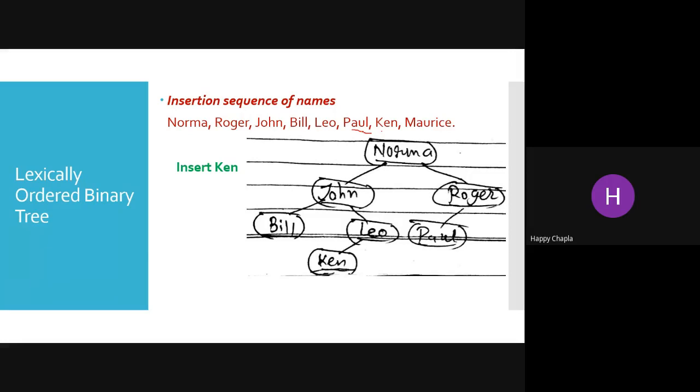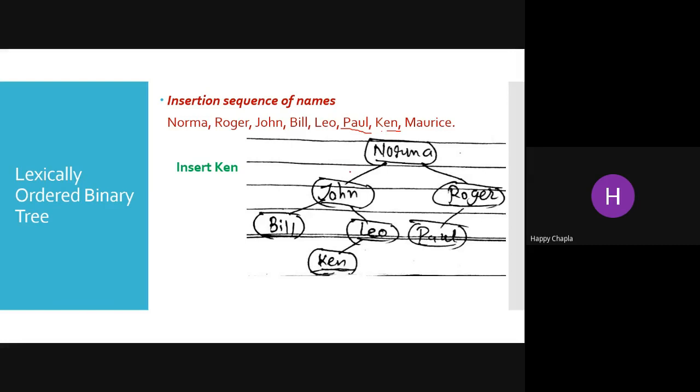Now Paul. P is greater than N, but P is less than R, so left of R. Now Ken. K is less than N, character-wise, lexically, like ABCD.